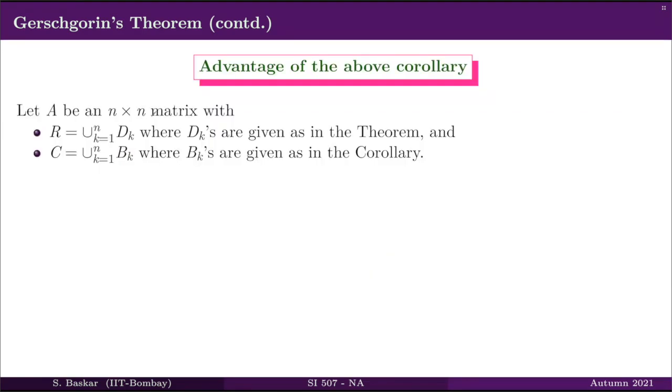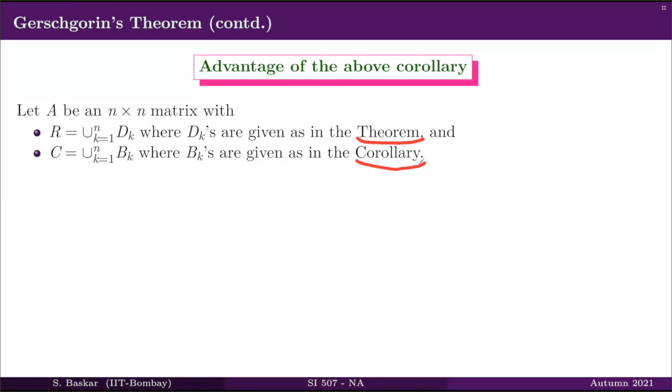Let A be an n cross n matrix, with R equal to the union of all the Gerschgorin disks obtained by keeping the matrix A. That is how we did in the Gerschgorin disk theorem. And let C be the union of all the disks obtained by keeping A transpose, that is from the corollary.